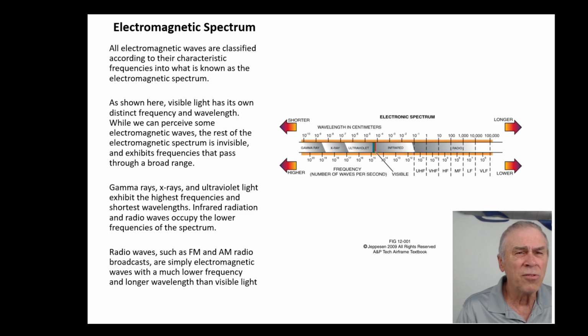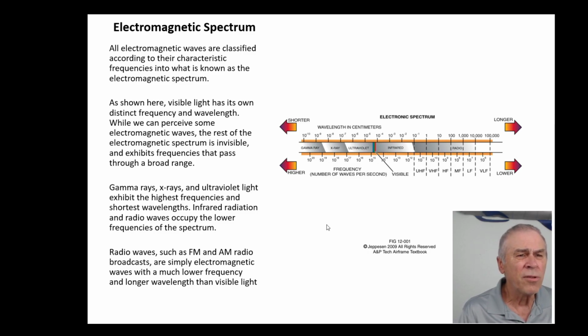Working inwards is X-rays, followed by ultraviolet. Those are the highest frequencies with the shortest wavelengths. The frequency is such that the wave is almost crunched together, so the length of the wave is nominal. Infrared radiation and radio waves occupy the lower frequencies of the spectrum.